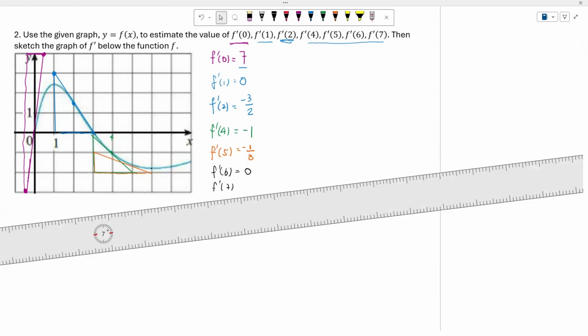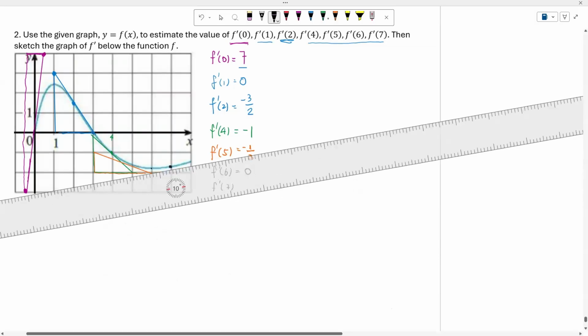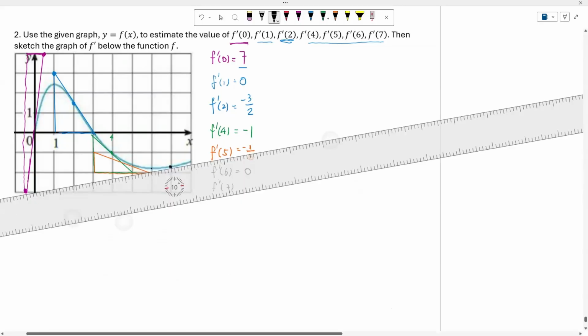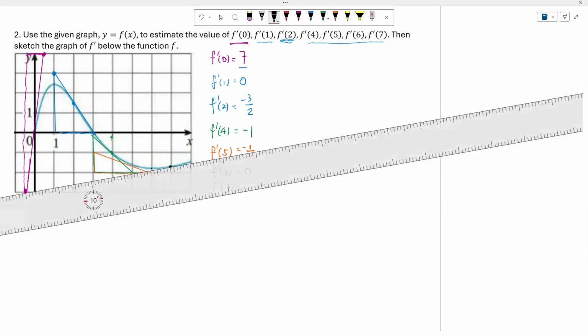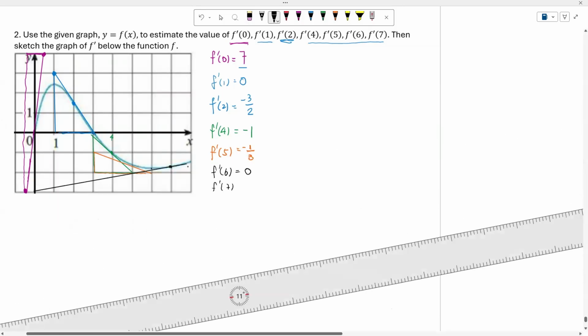I know that it must be positive because the function is increasing again, right? So maybe we could count from this point to this point.